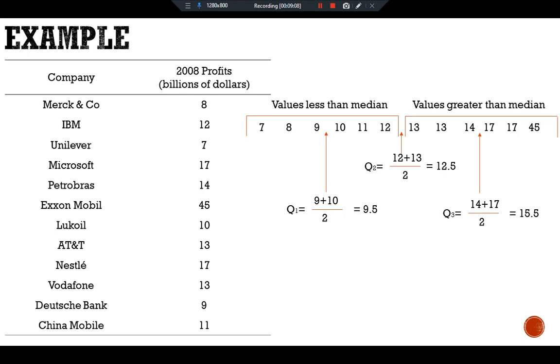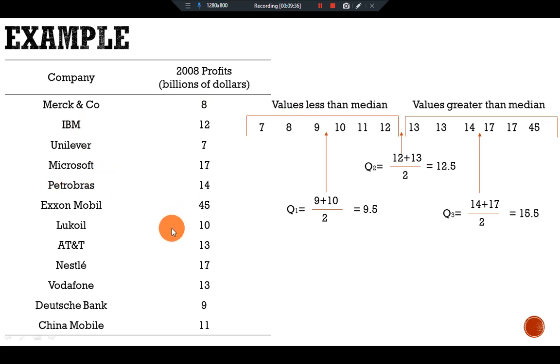So by looking at the position of 8 billion, which is the 2008 profit of this particular firm or company, we can state that this value lies in the bottom 25% for 2008.